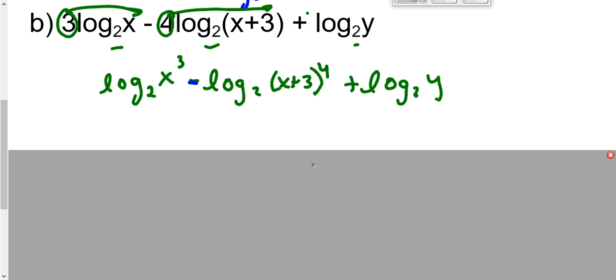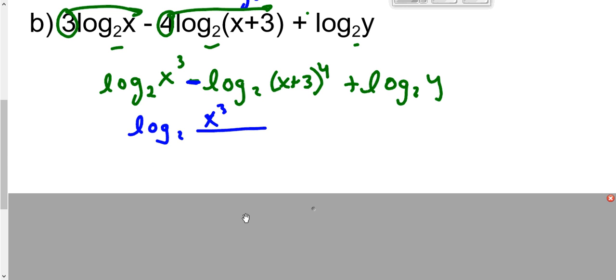So subtracting is division. So we write it with 1 log base 2. We have x cubed divided by x plus 3 to the 4th. Now be careful with this last term. It is plus, so it is times. So it's not going to be on the bottom. It would have to be a minus because bottom is division, top is multiplication.